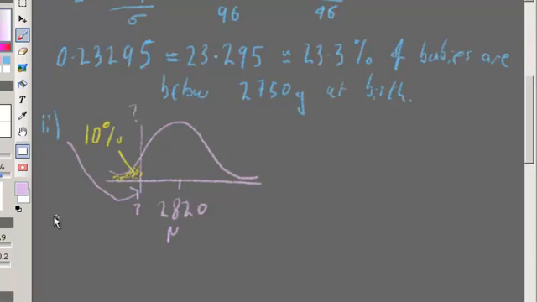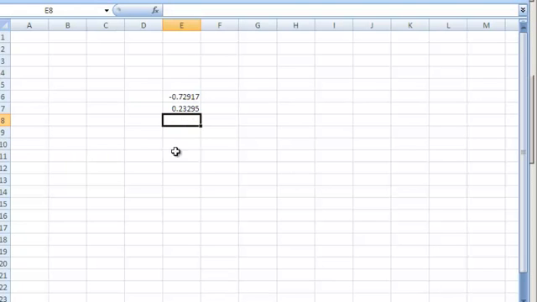Well, this is one we can look up. We can work backwards. We need to look up the z-score from tables or from Excel. So what should the z-score be so that it leaves 10%? Let's go back to the spreadsheet. 0.1, and what we put in here is the other formula. Oops, it's the inverse.